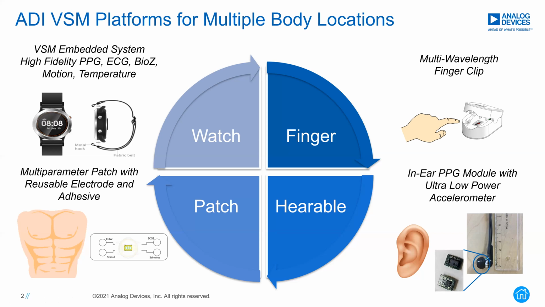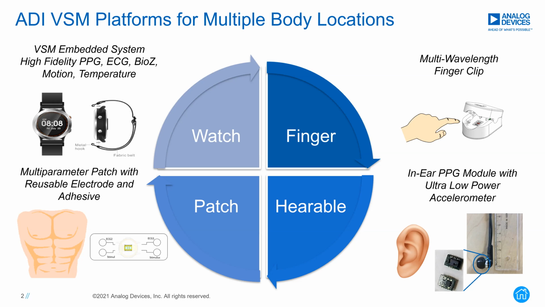We have products which go into those wrist-based sensors, mainly fitness bands, watches, or any other type of equipment which goes into a typical wrist application, where the idea is to monitor the PPG, ECGs, the impedance of the skin, etc., and also the temperature.